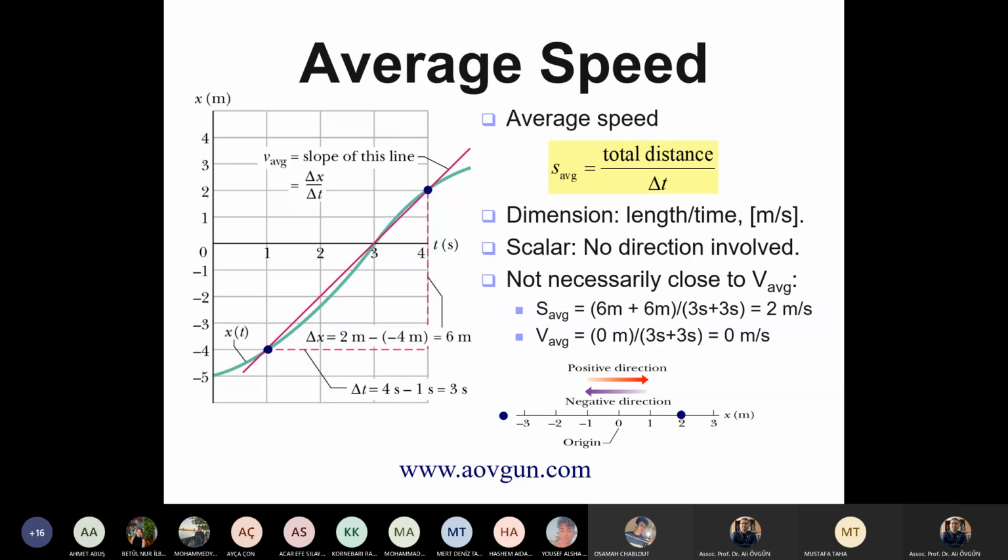Its initial position is -4 meter, and final position is 2 meter. So what is the total distance? 2 meter minus -4 meter, because this position is -4 meter, here is 2 meter, so it is 6 meter.